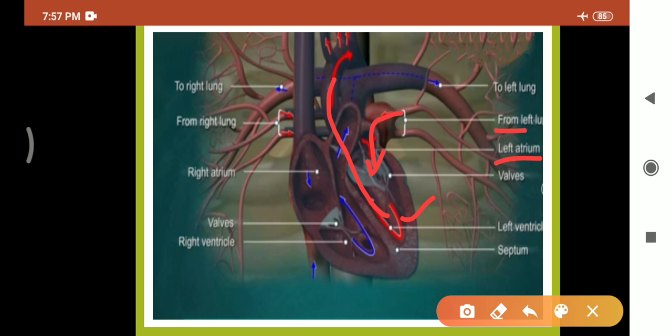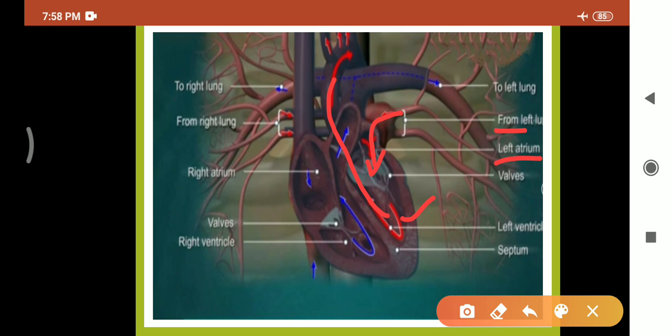The heart has four great vessels: the pulmonary artery, pulmonary vein, superior vena cava and inferior vena cava. When we say vena cava, it means a large vein.